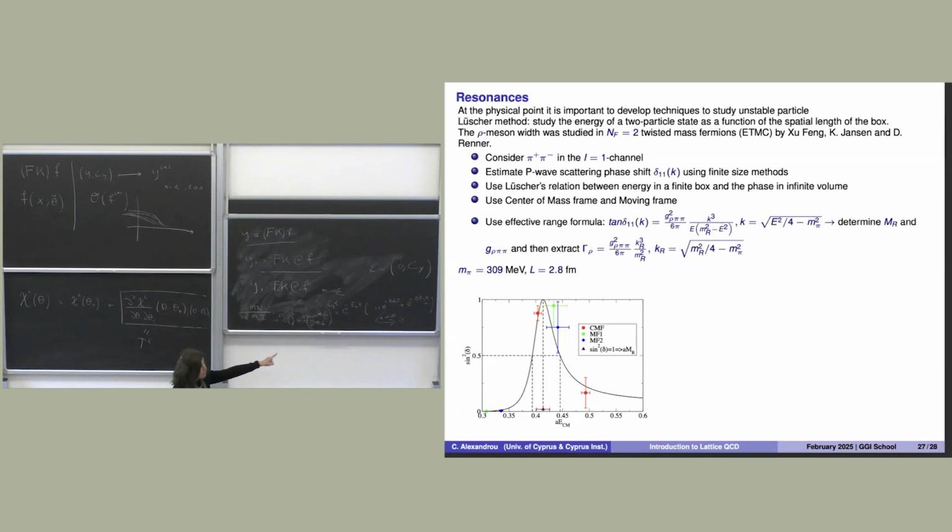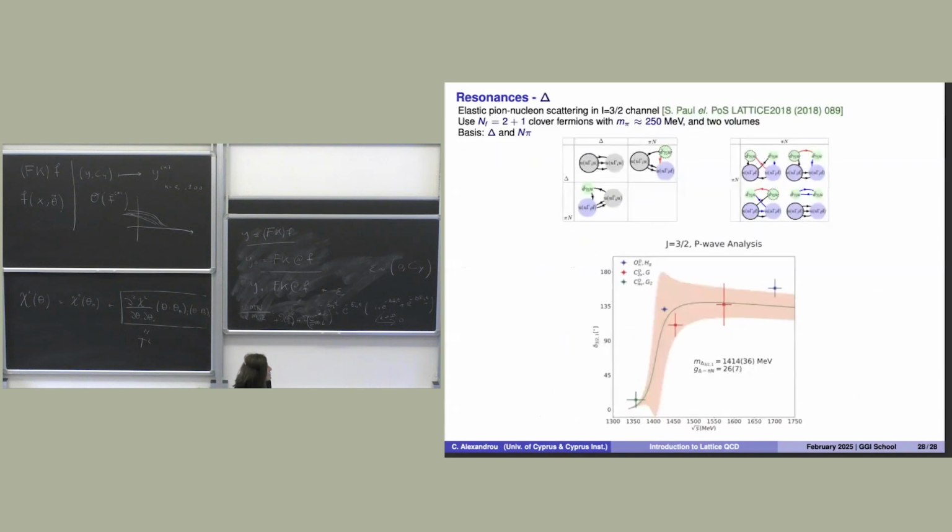Here is a prototype example of reproducing the width of the rho resonance. Okay, and we have done a similar calculation for the delta, but look at how large our errors still are. So these are current calculations.